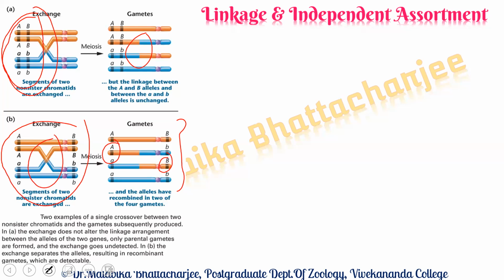In case A also, we are seeing a phenomenon of crossing over, but since we are considering this phenomenon of crossing over in context to the A and the B gene, in case A this crossing over is getting undetected. But in situation B, you can see that the crossing over can be detected because the position of the A and the B gene has changed.